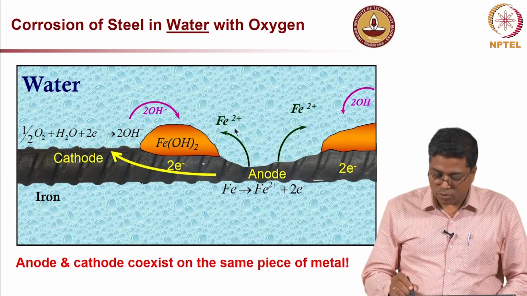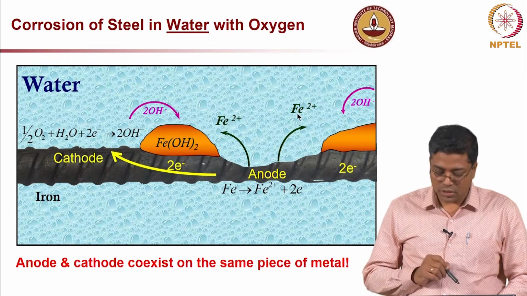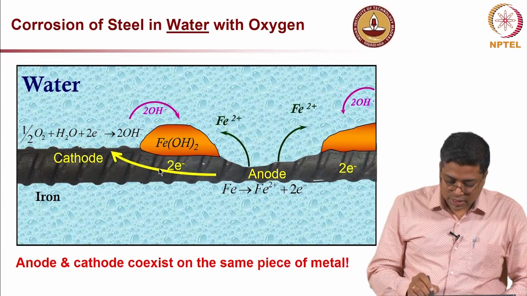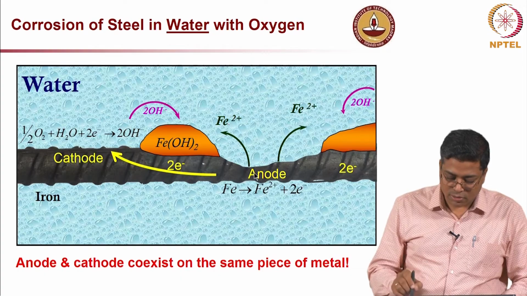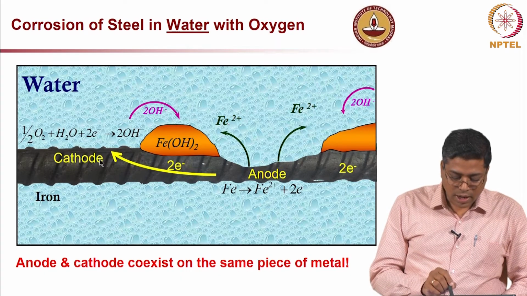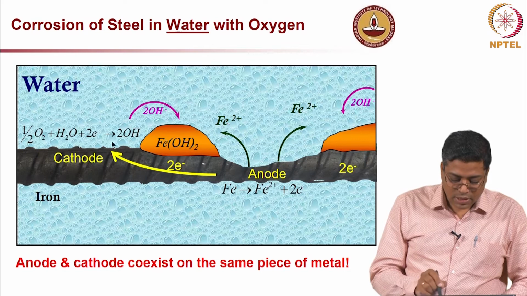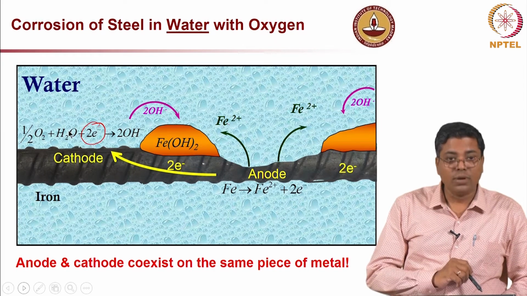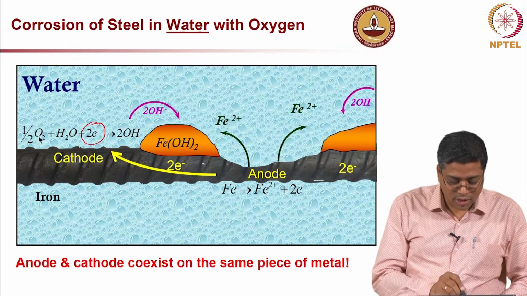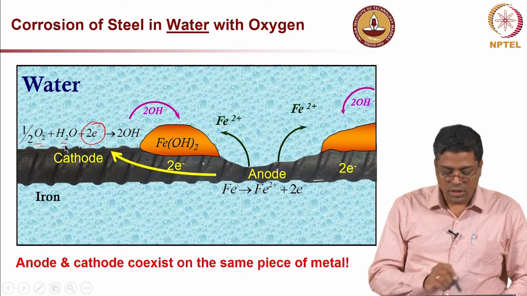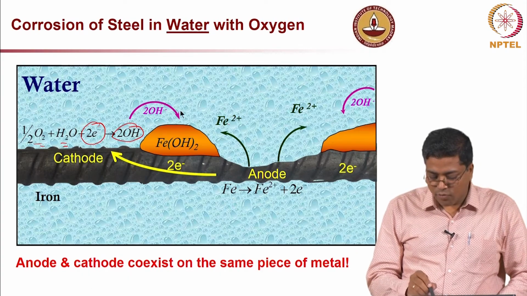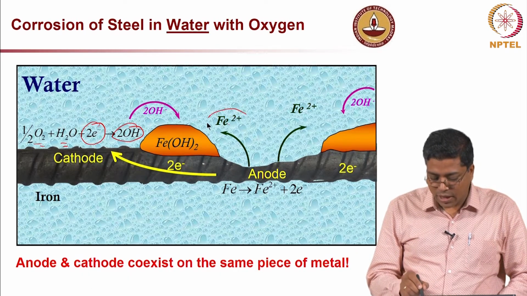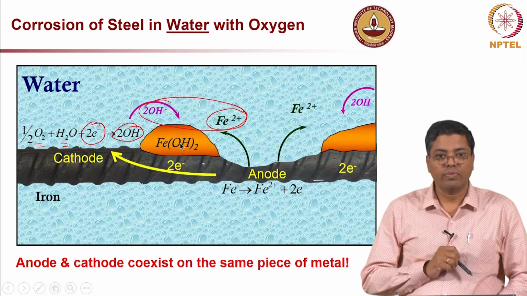So, these Fe2+ ions are getting into the solution, and electrons are moving from the anode to here, where they are absorbed at the cathodic site where there is enough oxygen and moisture, and it forms OH- or hydroxide ions, which move and react with this Fe2+. So, these two react, forming Fe(OH)2.